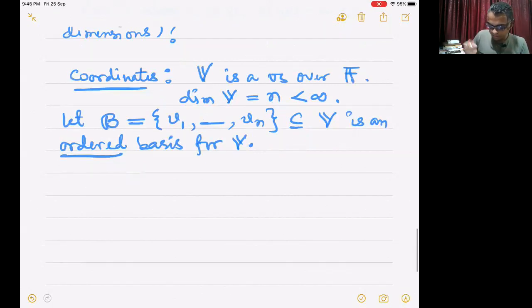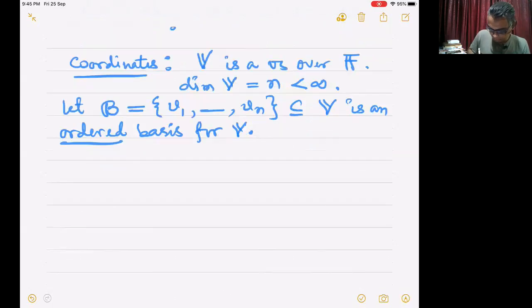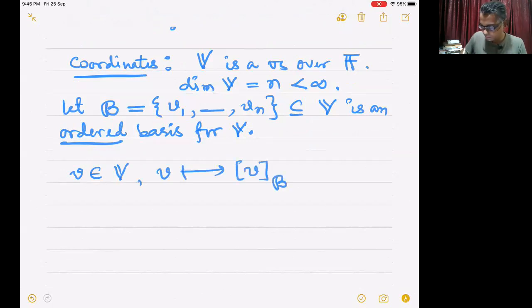Then we said that there is this identification. So given an arbitrary vector v in V, I can identify v with v_B, this was the notation, which is actually an element in F^n. How did this identification work?